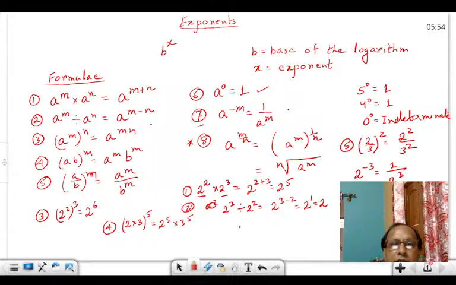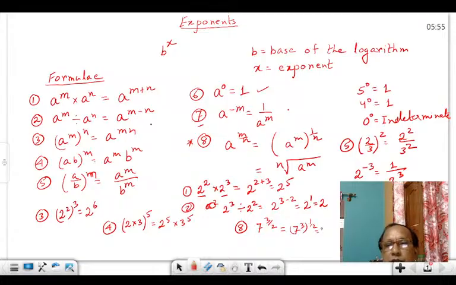Suppose we are writing again number 8. We are writing 7 to the power 3 by 2. Then it can be written as 7 to the power 3 to the power half.